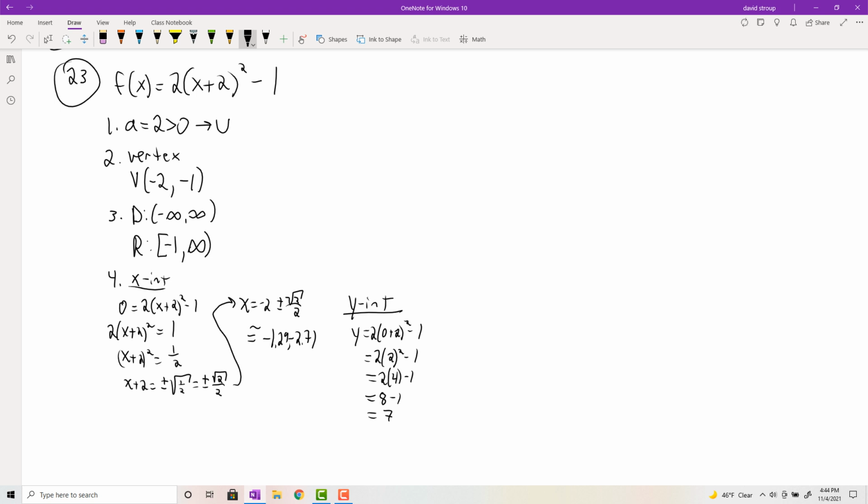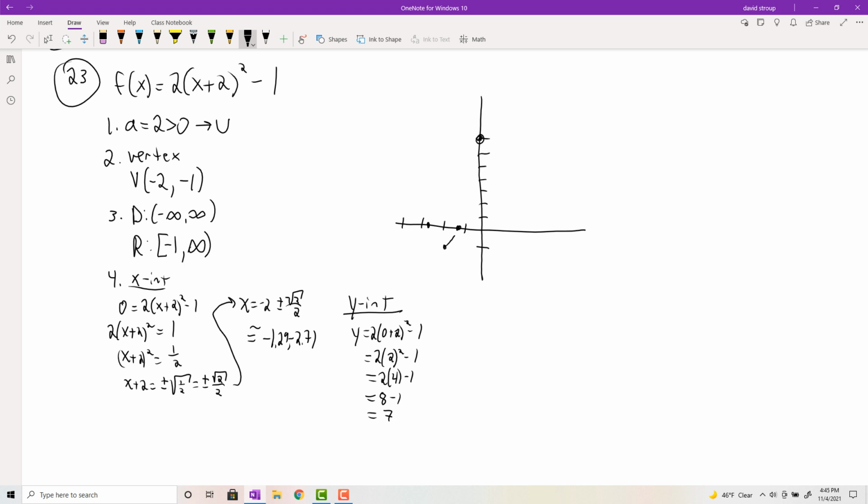Okay. All right, so now I'm going to compile all that information into a picture. So 1, 2, 3, 4, 5, 6, 7 is the y-intercept, and then the x-intercepts at -1.29 and -2.71.